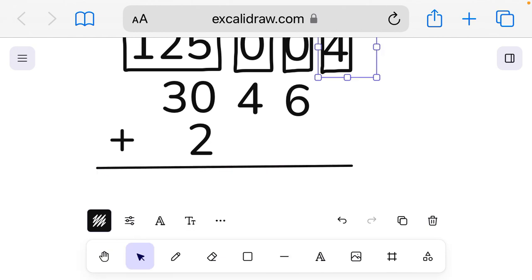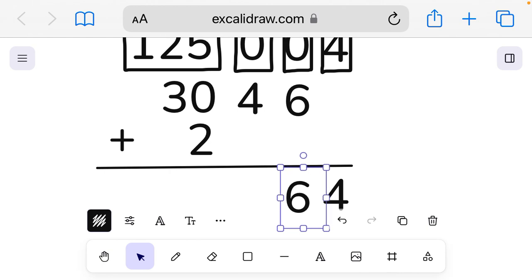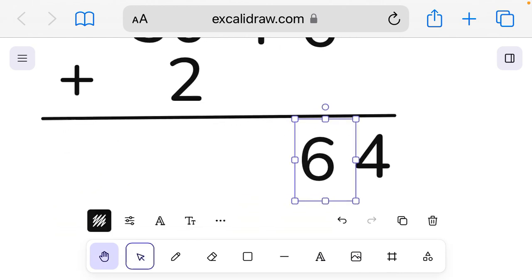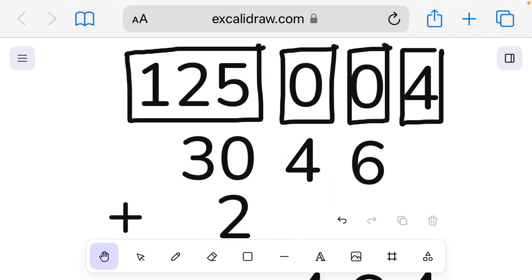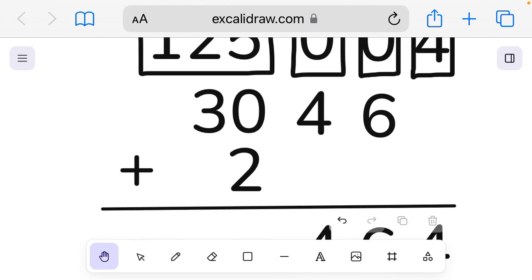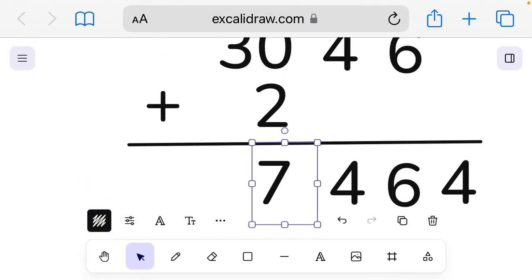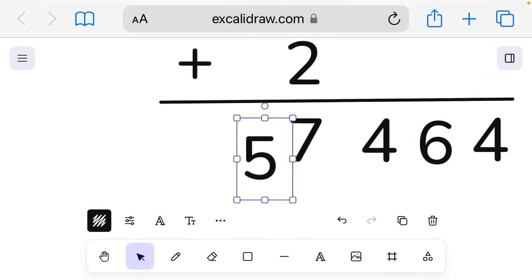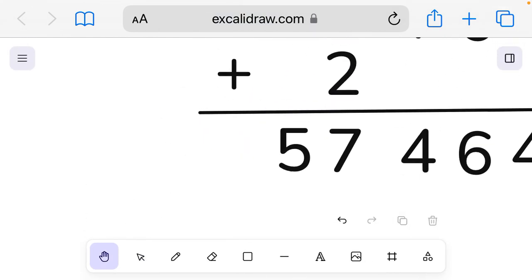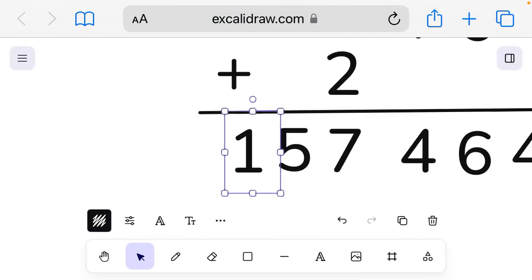Now you bring the 4 down, and then 0 plus 6 is 6, 0 plus 4 is 4, and then 5 plus 0 is just 5, plus 2 is 7, and then 2 plus 3 is 5, and then 1 plus nothing is just 1.